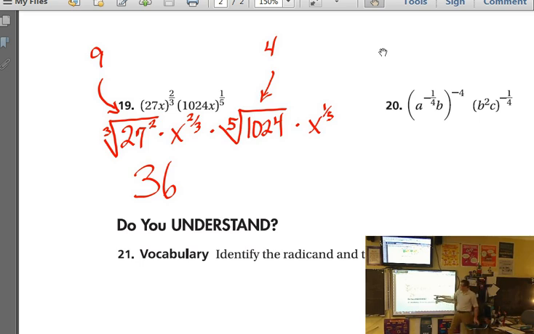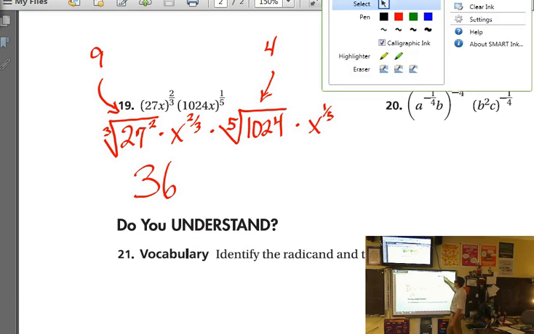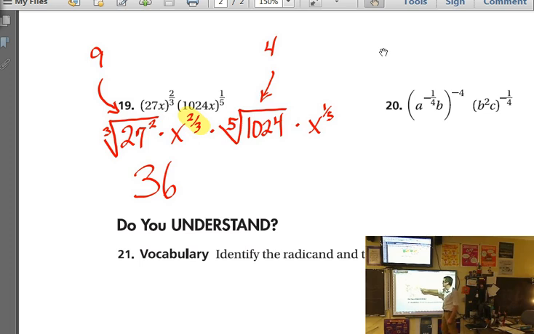So then, x to the 2/3 times x to the 5th, we need to add these powers. Guys, a lot of people got the power of this x wrong. We have to add these, not multiply. A lot of people multiplied this. So when I add 2/3 and 1/5, I need a common denominator.